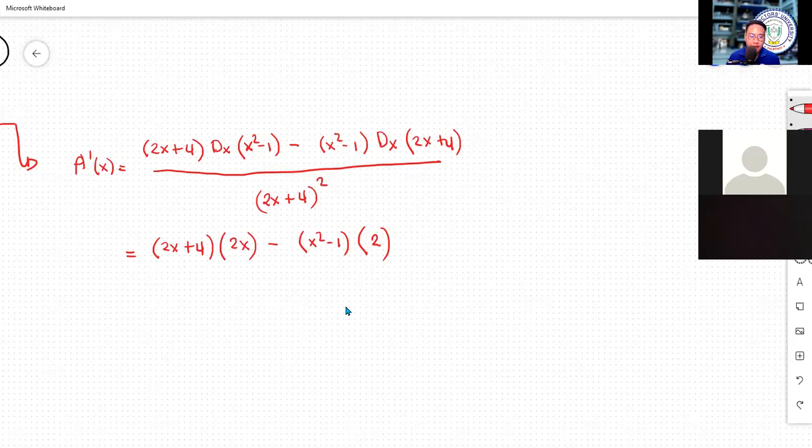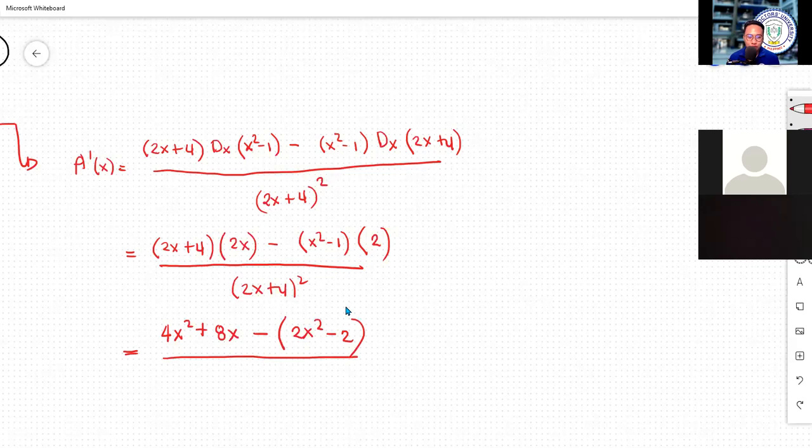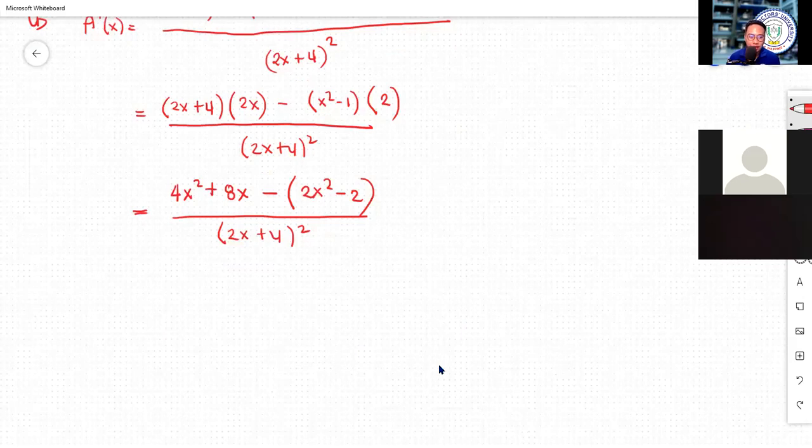Right? And then we are going to do the denominator, 2x plus 4 squared. Next, plus 8x, okay? And then minus 2x squared minus 2 over 2x. So we have 4x squared plus 8x minus what?